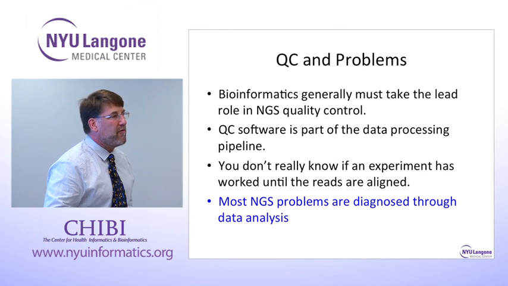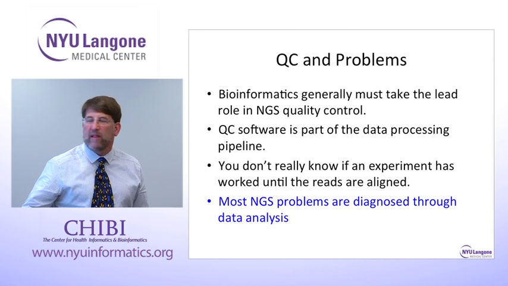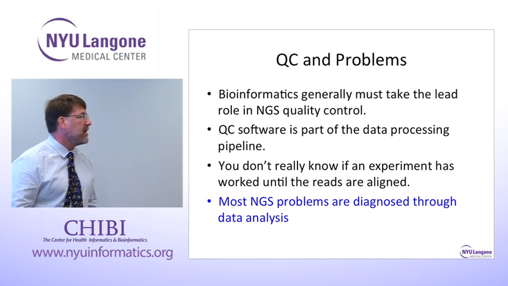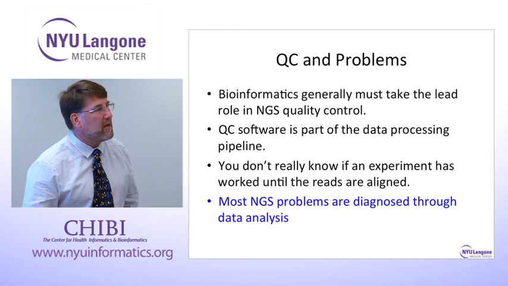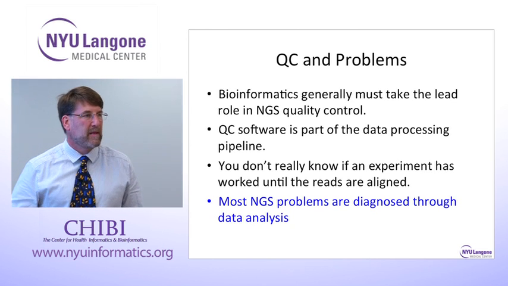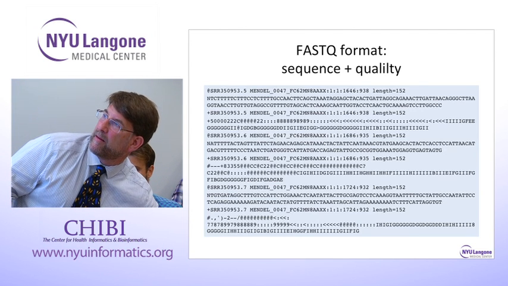You won't know very much about the quality of your experiment. So we have a lot of QC steps in our data analysis pipeline. And most problems and issues from RNA-seq show up in the bioinformatics pipeline.